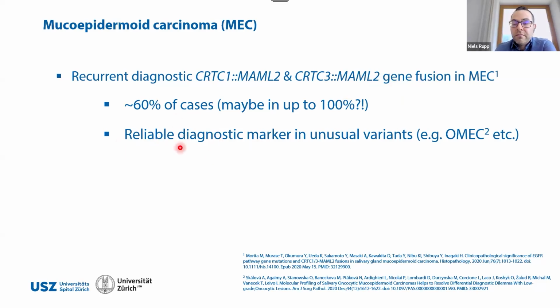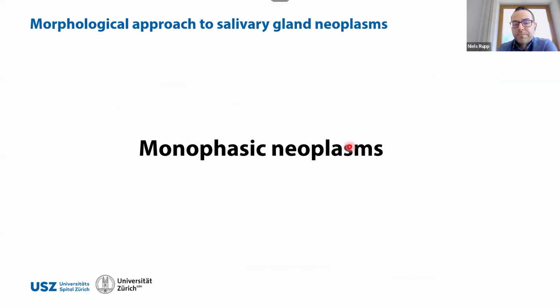So it's really a reliable diagnostic marker. Also in unusual variants, if you look in the literature, you will find lots of new variants being described, but almost all of them show the CRTC1 or 3 MAML2 fusion. So it's really helpful also in the unusual morphological variants.